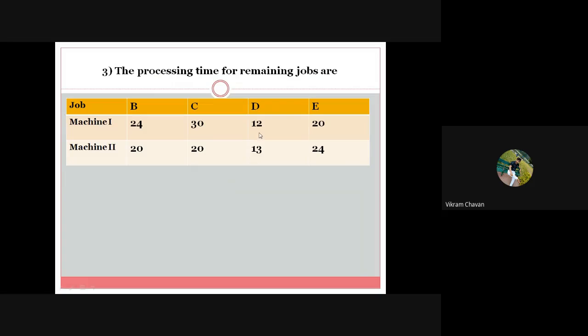Okay, so the processing times for remaining jobs on machine number 1 are B, C, D, E. 4 जॉब राहिलेले आहेत. 4 जॉब मधले लोएस्ट प्रोसेसिंग टाइम कशाचा आहे? जॉब नंबर डी चा आहे and this is associated with machine number 1. Okay, so we should provide the highest priority to the D number job in the sequence.